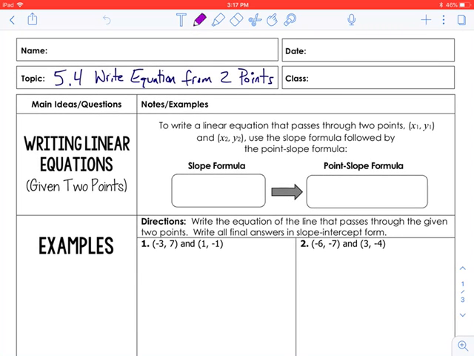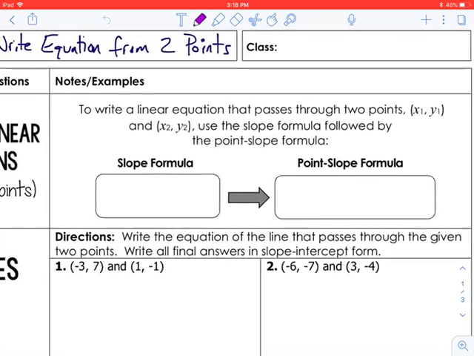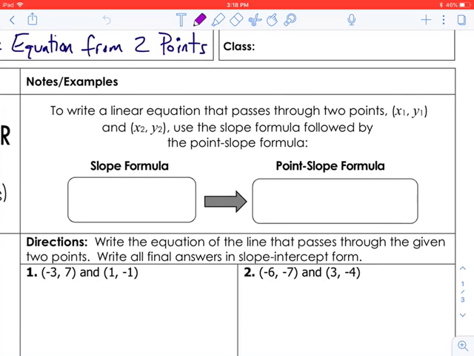What we're talking about is finding equations from just 2 points. Before, we were finding equations using a slope and a point. This time we have to find that slope first, okay? So we're going to end up getting our y minus y1 equals m times x minus x1.